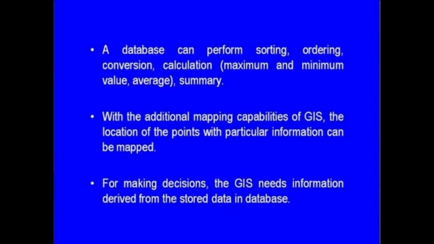With the additional mapping capabilities of GIS, the location of points with a particular information can be mapped. For making decisions, the GIS needs information derived from the stored data in database.